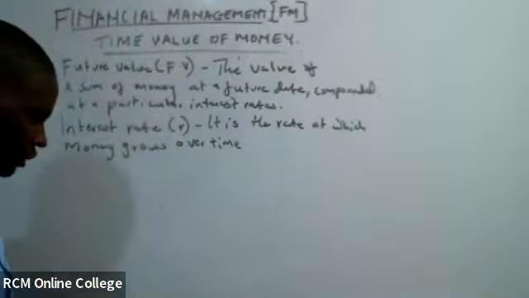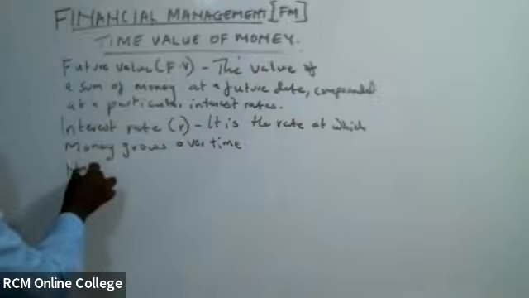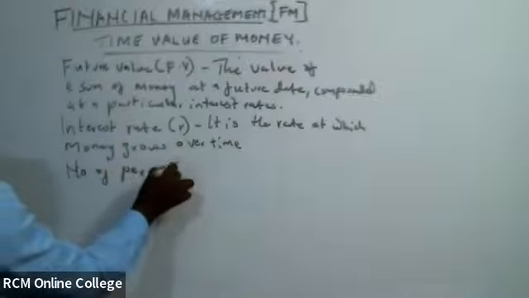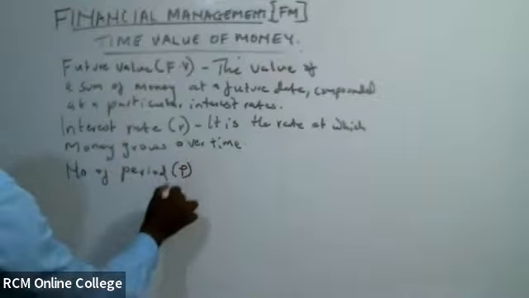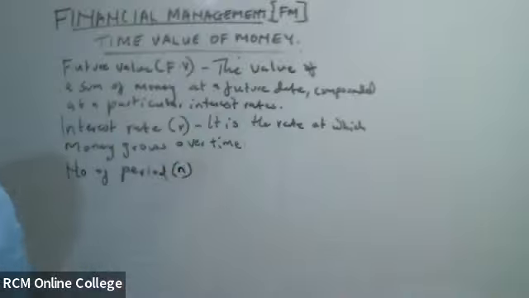And then we have the number of periods, the time that we're talking about. Number of periods, represented with a small n.